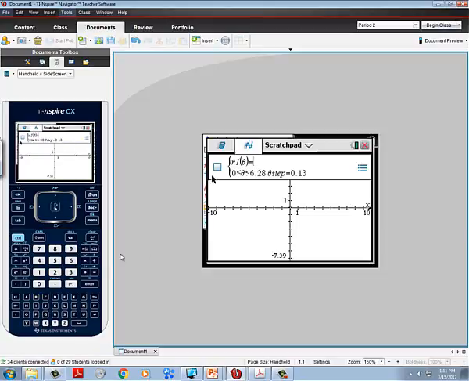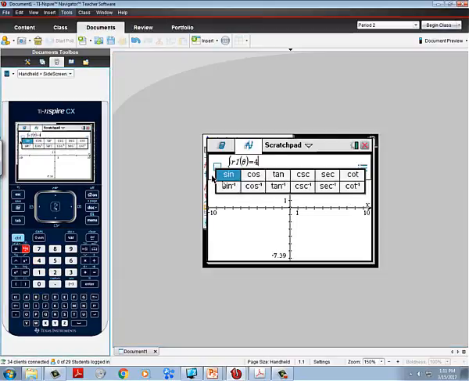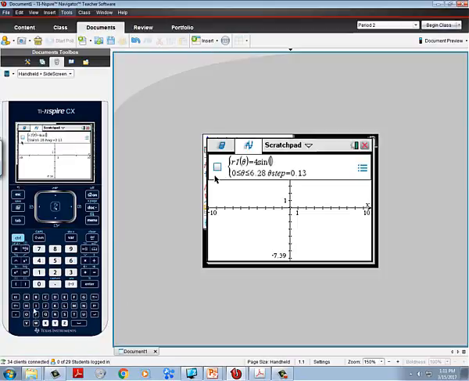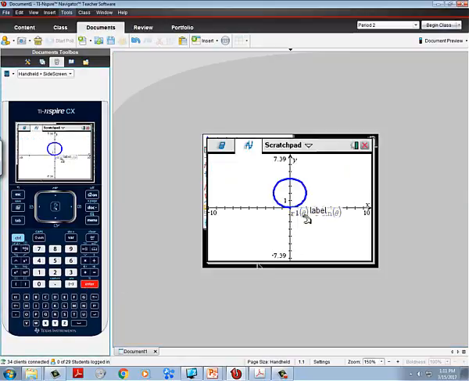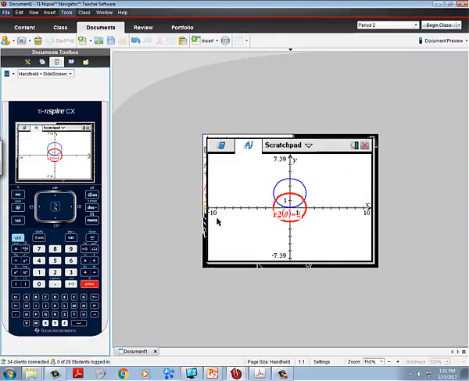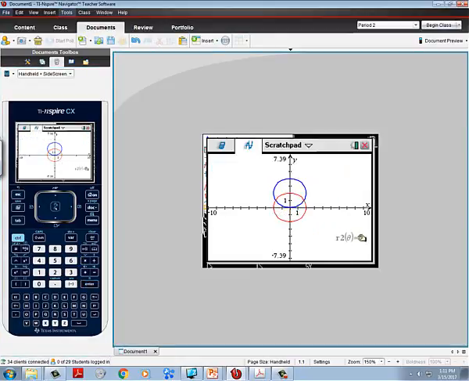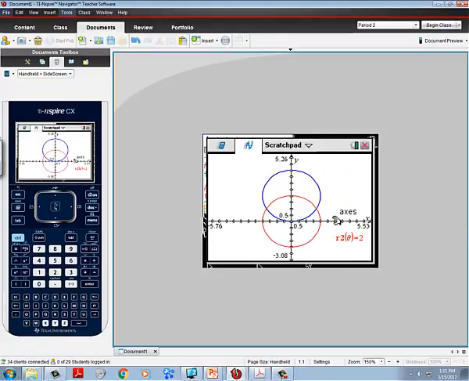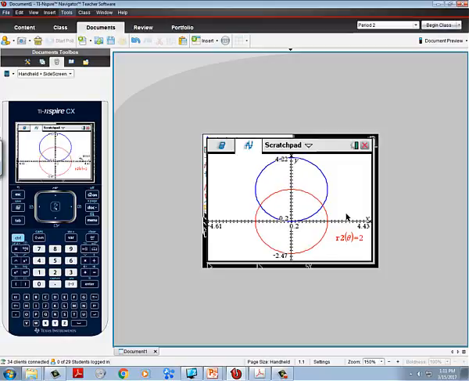And then for sine theta, theta's under your pi. And then the other one you put in a 2. I'm getting it as big as I can.